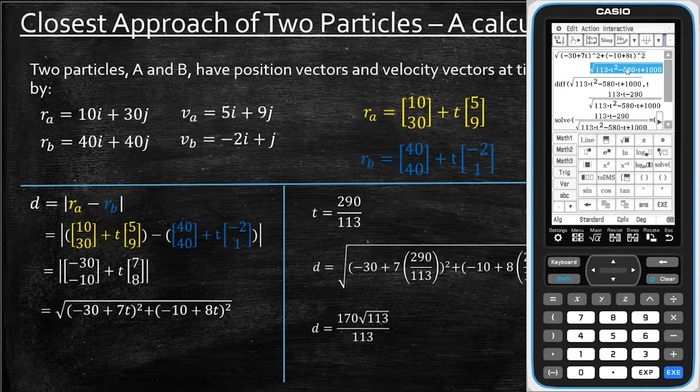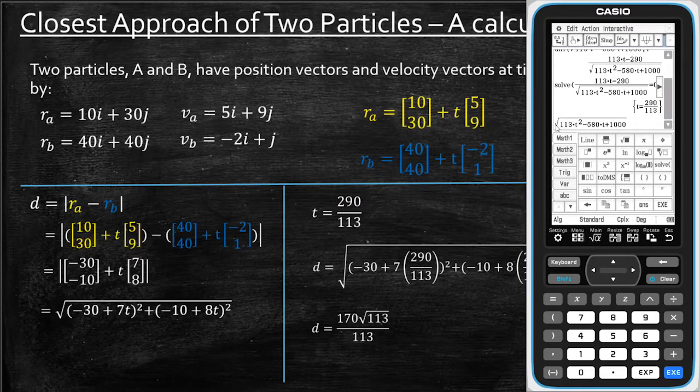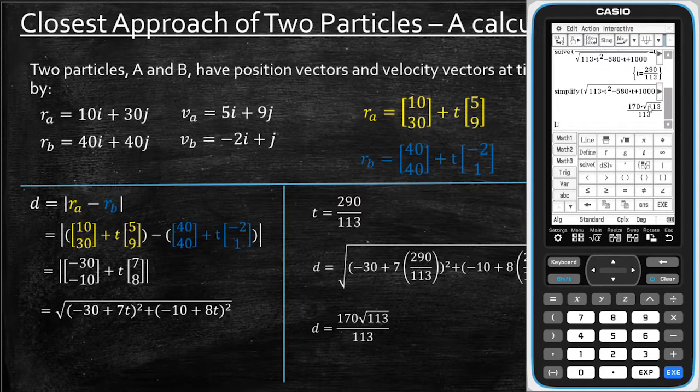Then to find out what the actual minimum distance is, I'm just going to copy that function down here, and we're going to simplify all of that given this bit over there. And what we end up with is 170 root 113 over 113, which is the same as what we had before.